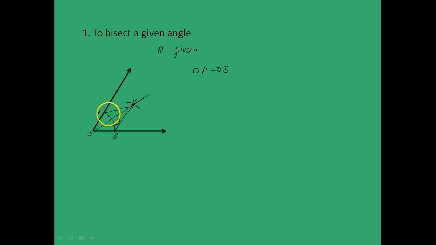Then BC is equal to AC because we had taken the same radius while drawing these two arcs, that is by construction. And we have OC common. OC is equal to OC, which is trivial.